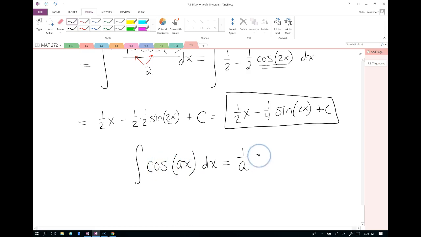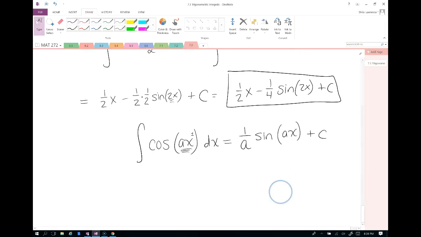The antiderivative for cosine is sine. This is only if our angle is linear, which means x has a power of 1. This is ultimately what the result of a u substitution is going to give us every single time. So it's kind of a little shortcut formula.